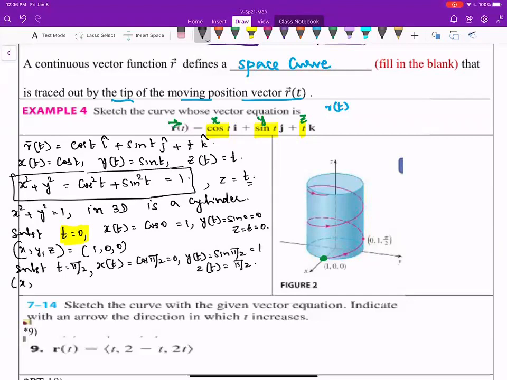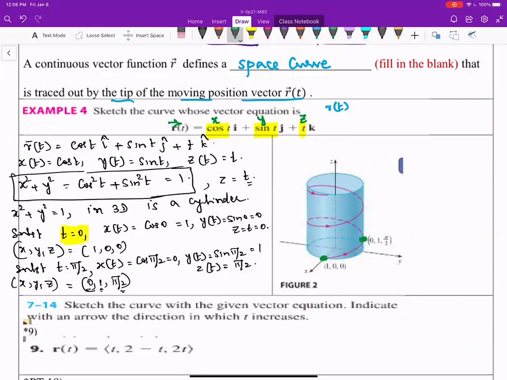So the point x, y, z is x equal to 0, y equal to 1, z equal to pi by 2. If you trace it, you go 0 units along the x and 1 unit along the line parallel to the y-axis, and you move pi by 2 units upward, which will be this particular point.